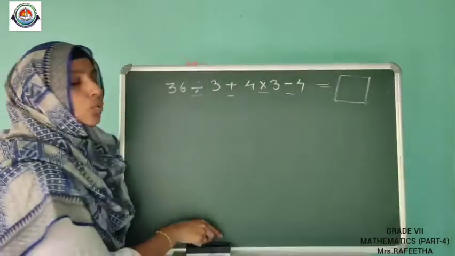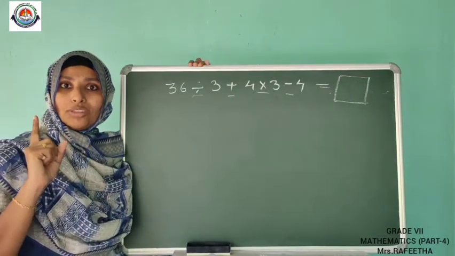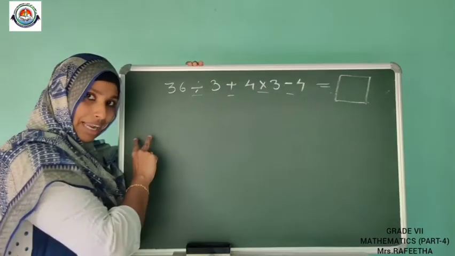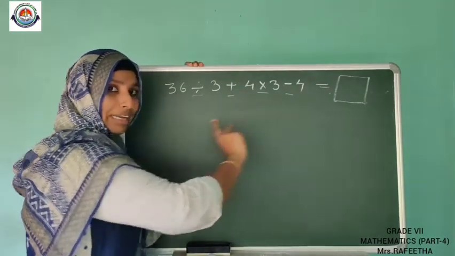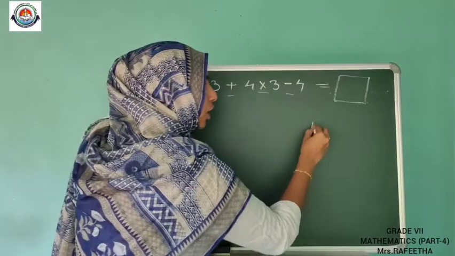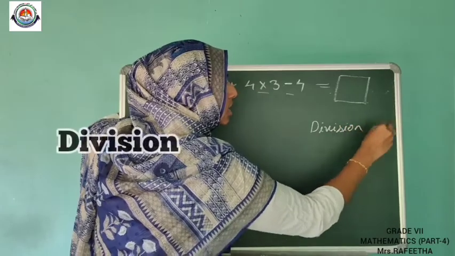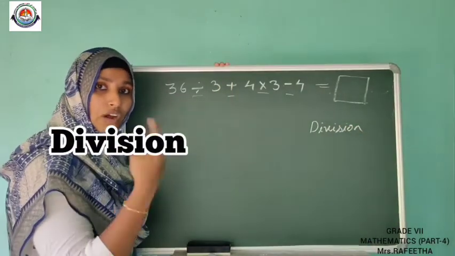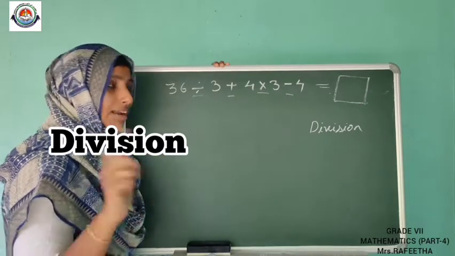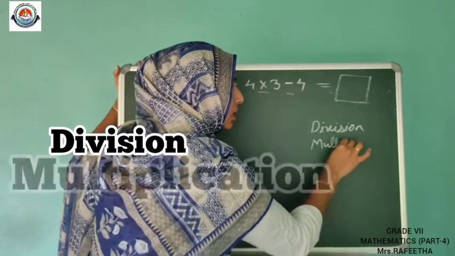The rule is that when a numerical expression is there, we need to bother about one thing: from left to right of the numerical expression, there should be an order. First we want to do the division in that numerical expression. Next we want to do the multiplication.